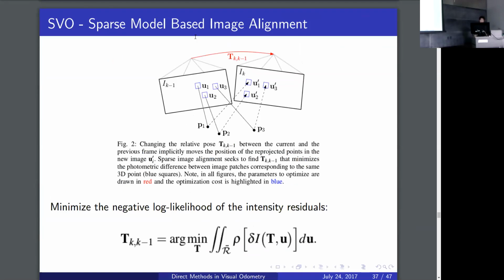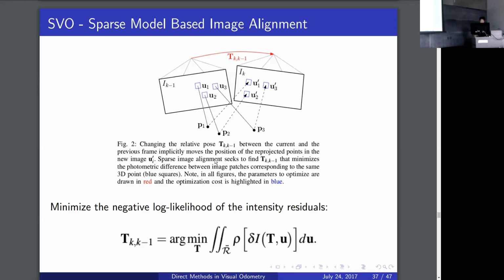The first part is the sparse model image alignment, which is similar to the semi-dense visual odometry first part, where you basically want to minimize the photometric error to obtain the camera transformation from the previous frame to the current frame. So the only thing you're optimizing for is the transformation from the previous frame to the current frame. You're not optimizing for the landmark positions.